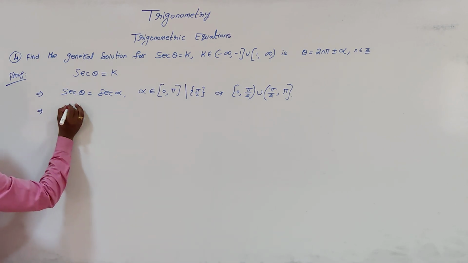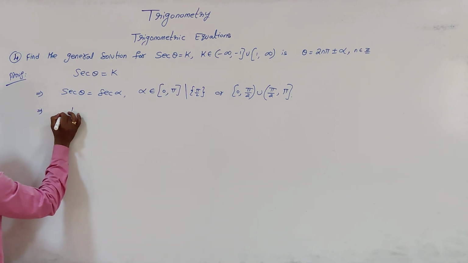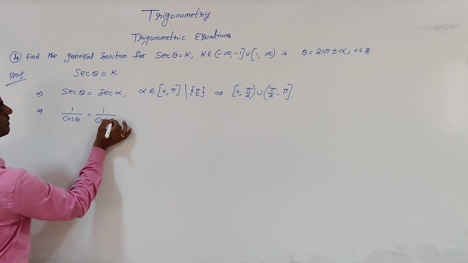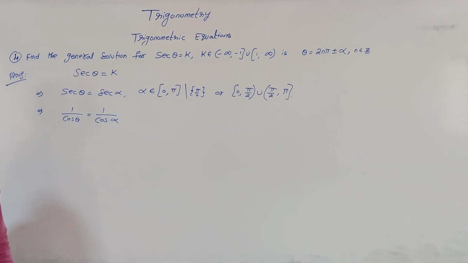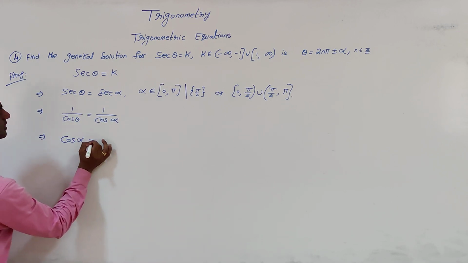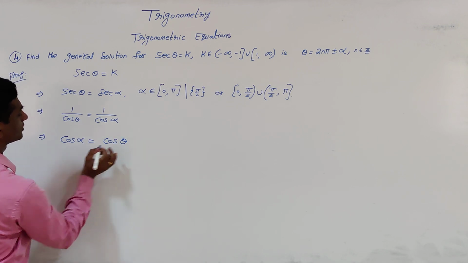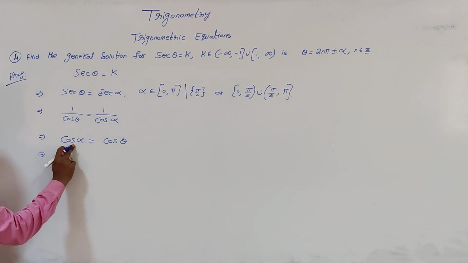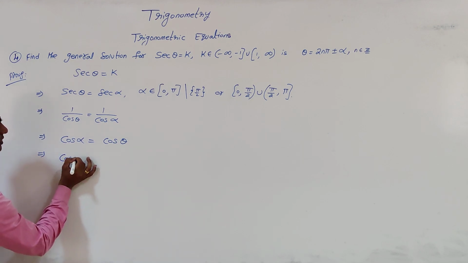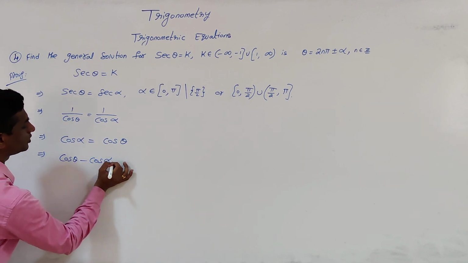Now secant theta can be written as 1 by cos theta is equal to 1 by cos alpha. Secant alpha is 1 by cos alpha, and taking the cross product, cos alpha is equal to cos theta, or taking the left hand side to the right hand side, cos theta minus cos alpha is equal to 0.